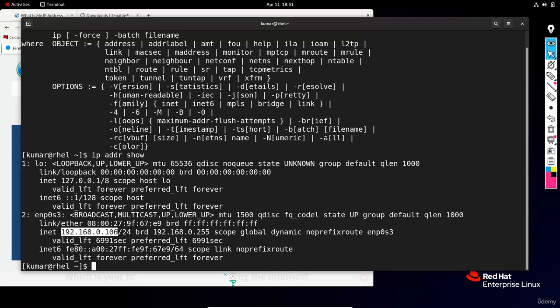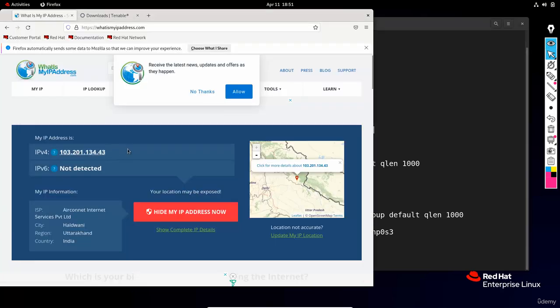So now the question is, what is the correct IP address? This IP address is a private IP address. Me, you or another organization can use this. And this IP address is a public IP address. The public IP address is only available to communicate with public domains like google.com, facebook.com or other websites.